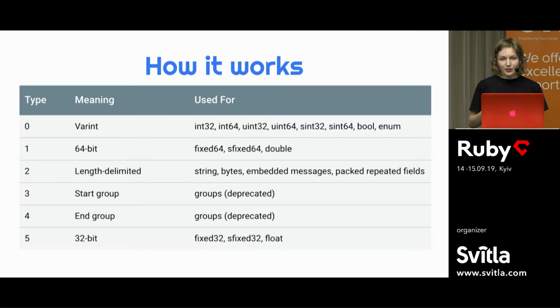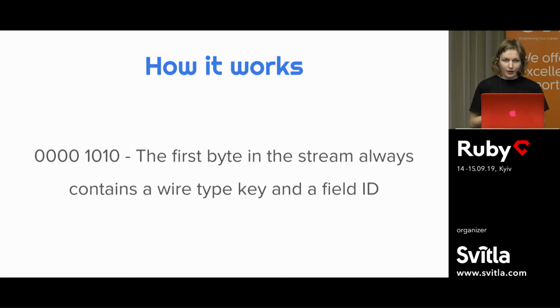At this point, we need to understand that Protobuf uses different encoding and decoding depending on the data type. In our case, this is the string data type, or length delimited, and the number 2 within the gRPC table. The first byte in the stream always contains a wire type key and the field ID.